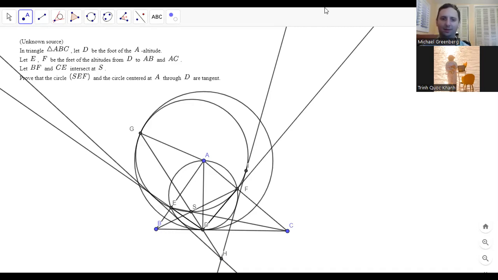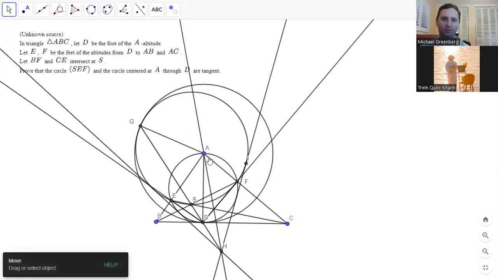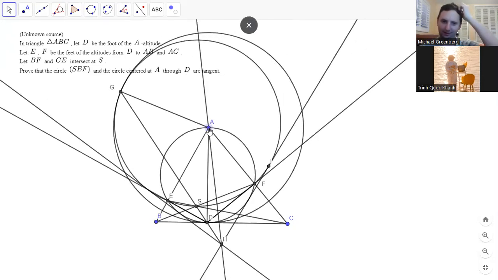Okay. Let me just check that really quick. Does AH pass through this, or is that probably a coincidence? I don't think that's true. Yeah, there's no way that's true. Okay, so I'm going to delete that.